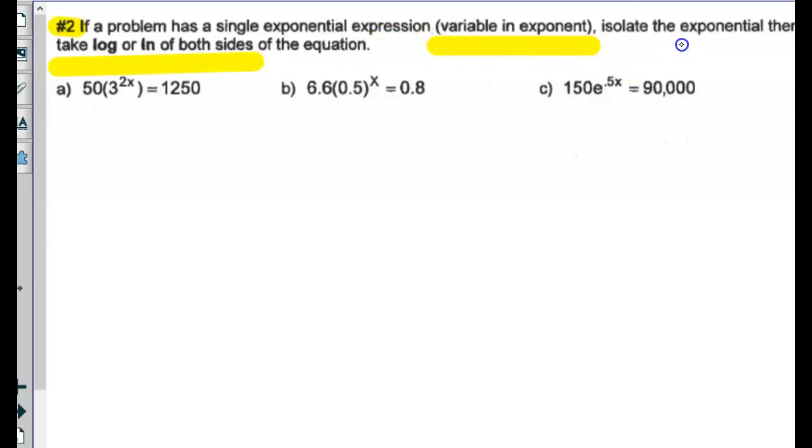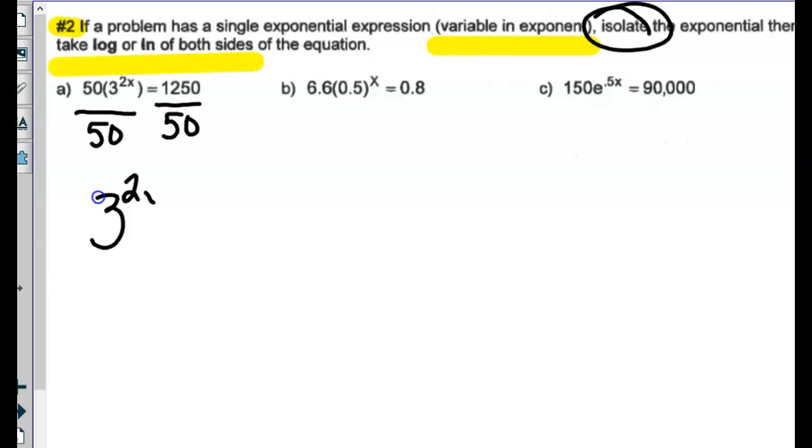But guys, you have to isolate first. So what do we have to do first here? You can't do 50 times 3, okay? You have to divide by 50 on both sides, yes. You have to isolate, meaning get alone, that exponential term.